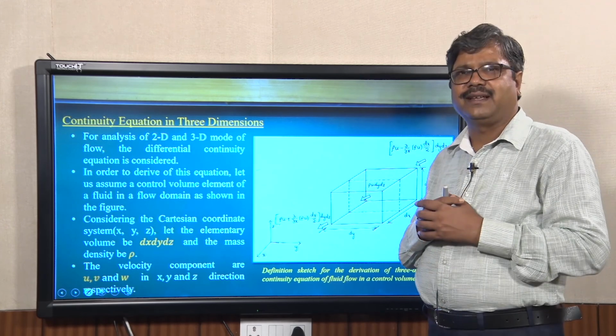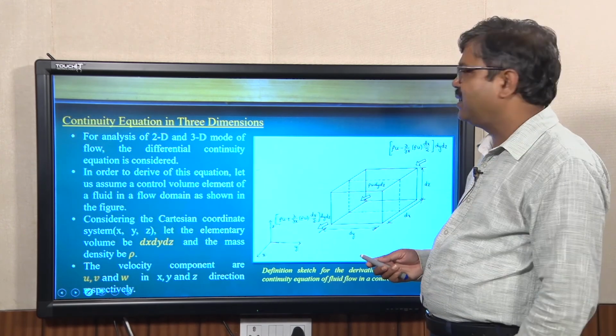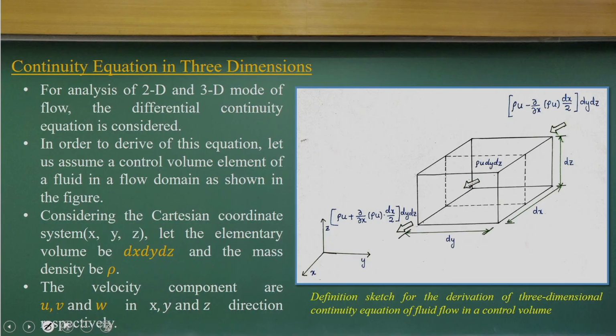As we know from basic definitions, the mass flux, the mass per unit time, is equal to rho into q, the density into discharge, or rho u a. Here I am talking about the u velocity component.